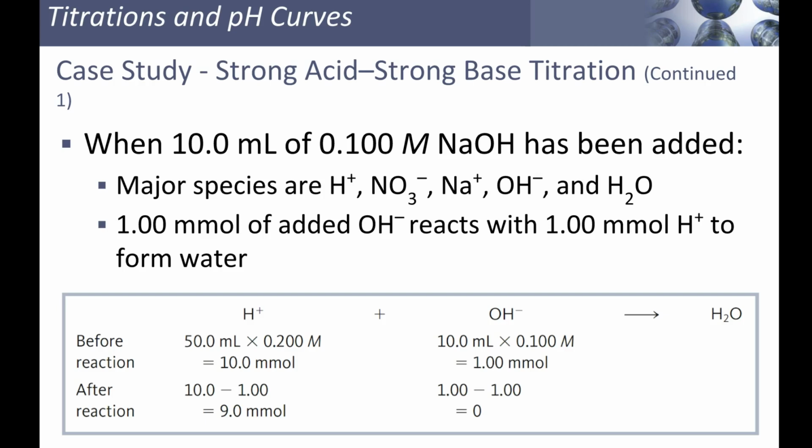How many millimoles is 10 mL of 0.1 molar? 1 millimole, so it's 0.1 times 10. So you have 1 millimole of hydroxide ion being dumped in.